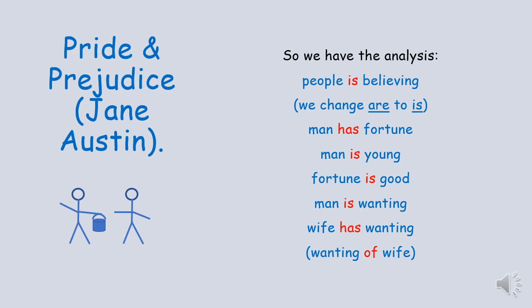So starting off, people is believing, we change the R to is. Man has fortune, man is young, fortune is good, man is wanting, wife has wanting, also expressible as wanting of wife.